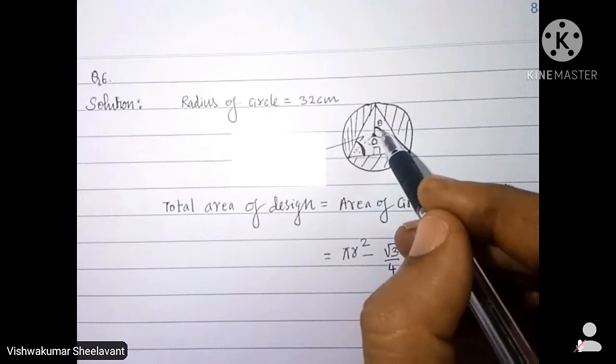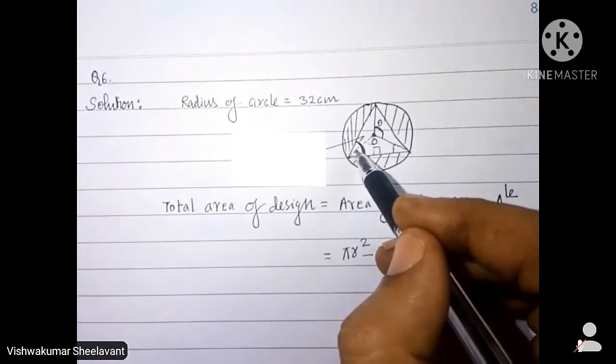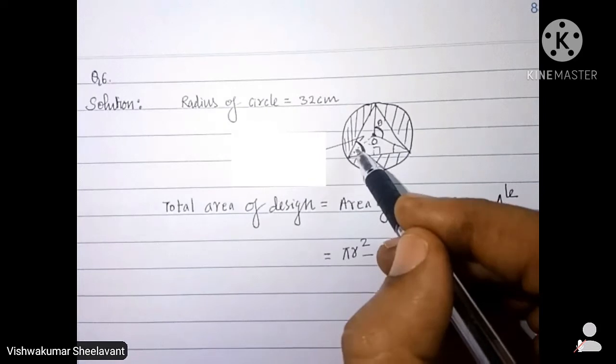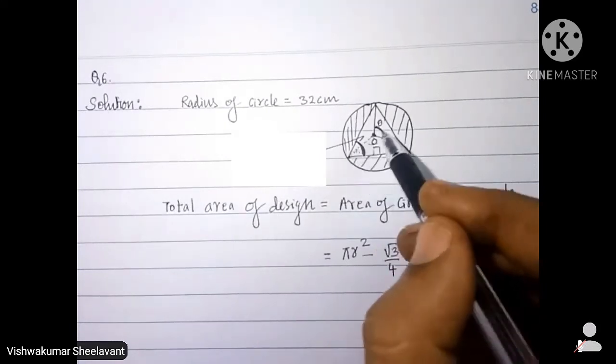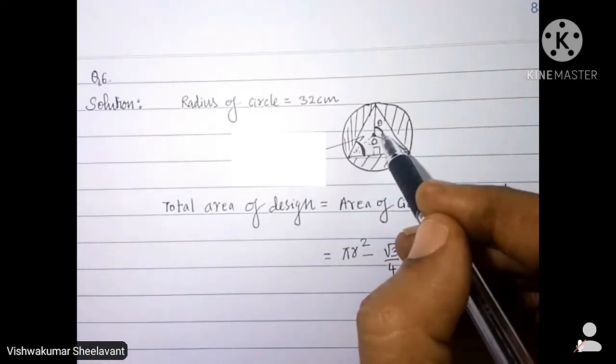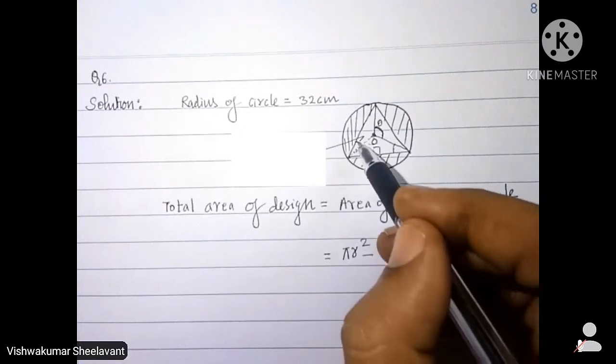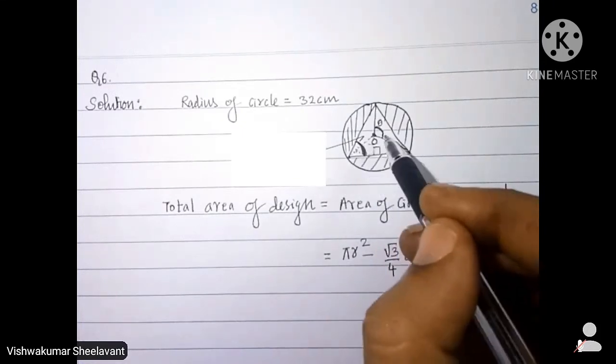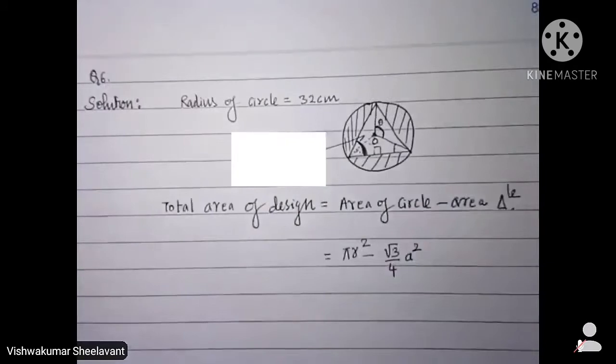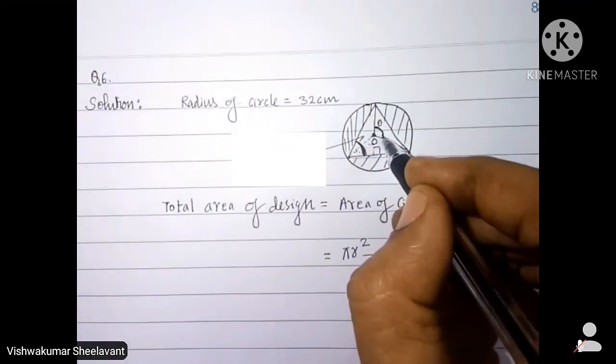If it is theta here, it will be theta by 2. Or if here you have theta by 2, it is theta. Now if the angle here is 60, then it will be equal to 120. So this angle becomes now 120.